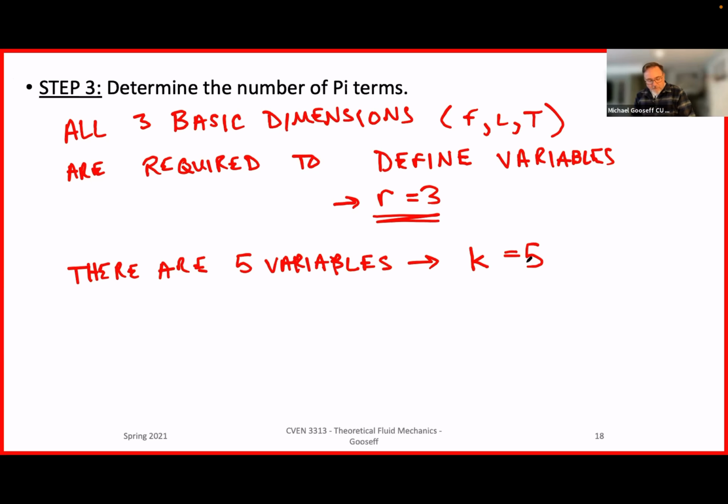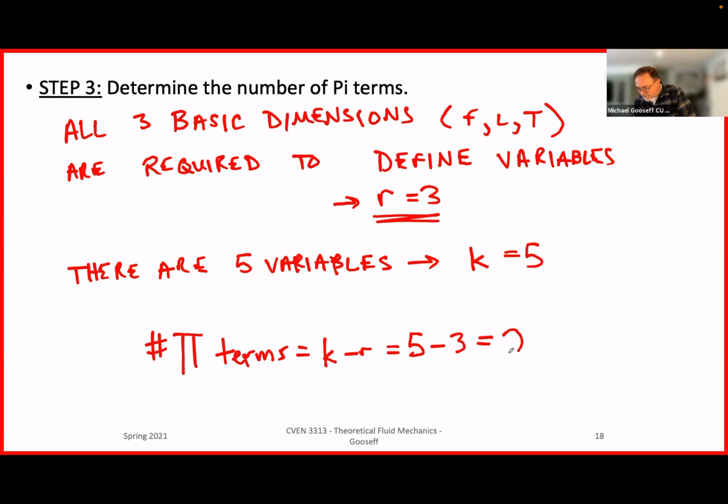Now, the number of pi terms, as it turns out, this is a capital Pi, is equal to K minus R, which is equal to 5 minus 3, which of course is the math we can do without our expensive phones or computers. We get 2. So what this means then is that the relationship that we're going to look for is pi 1 is equal to phi of pi 2.